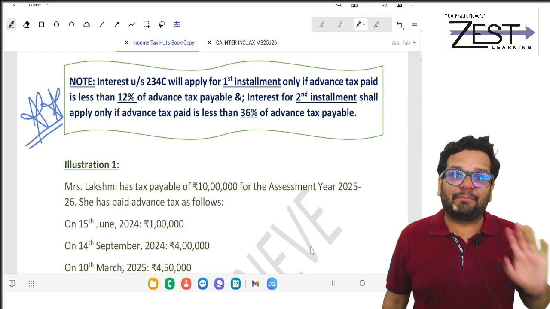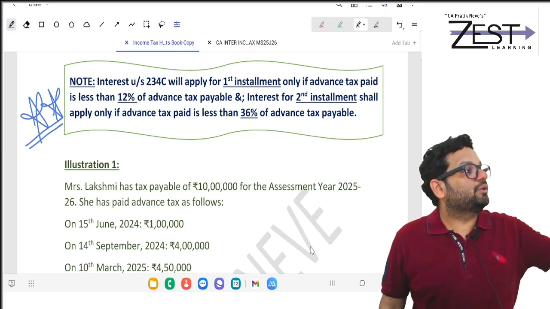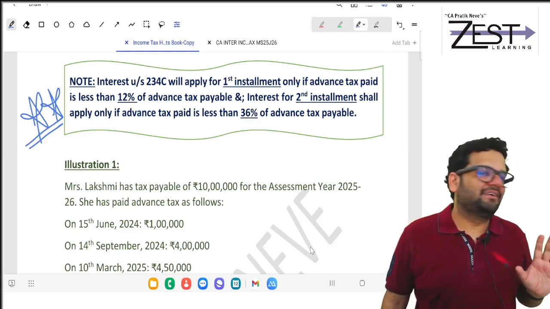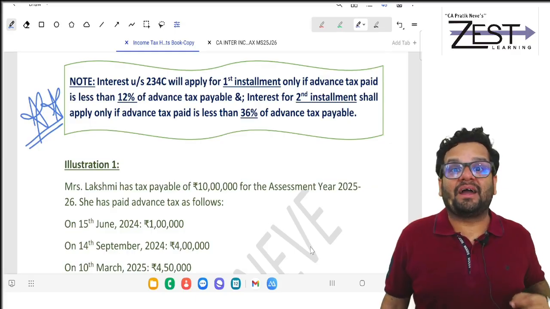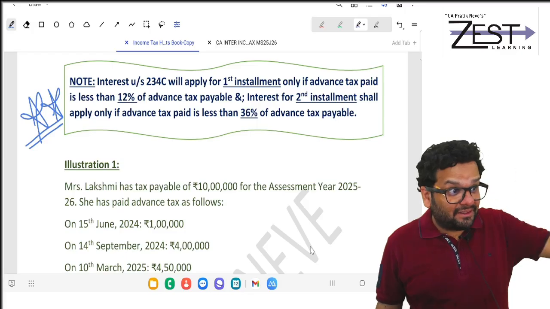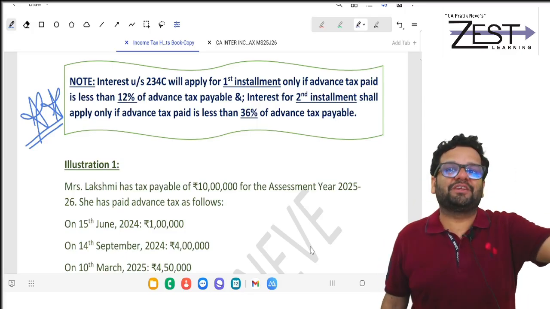That continues to be 15%, but interest becomes applicable only if you have not paid at least 12%. Means you can escape by paying exactly 12%. Then interest will not become applicable. But if you have paid less than 12%, then interest becomes applicable, considering that you should have paid 15%.